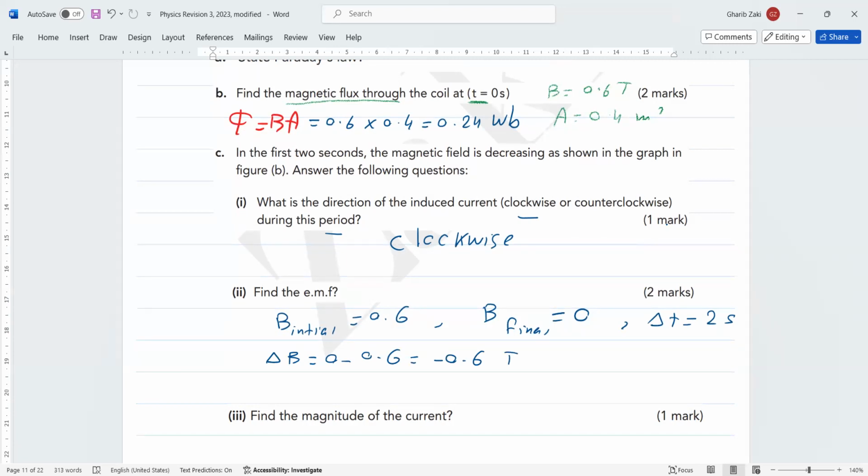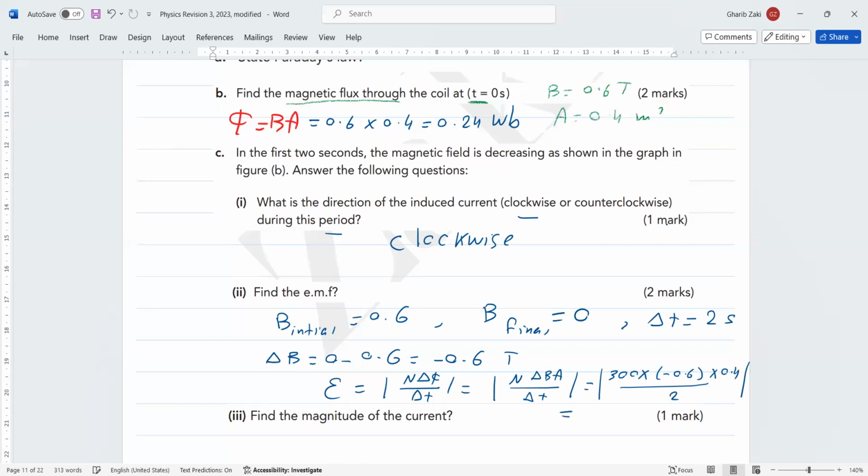Now, what is the EMF induced? Of course, the magnitude of N delta phi by delta T. So it's N delta B A over delta T. N is given in the question, which is 300. Multiply the change in flux, negative 0.6, multiply the area, 0.4, over delta T, which is 2.